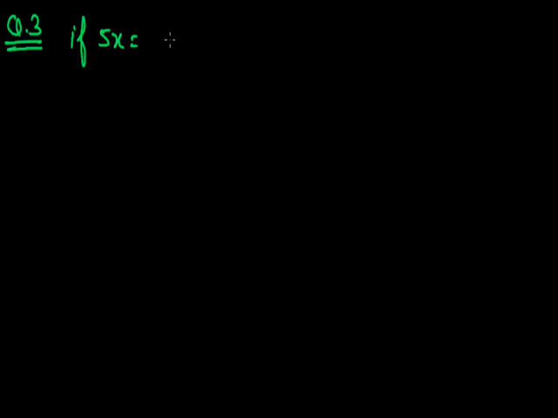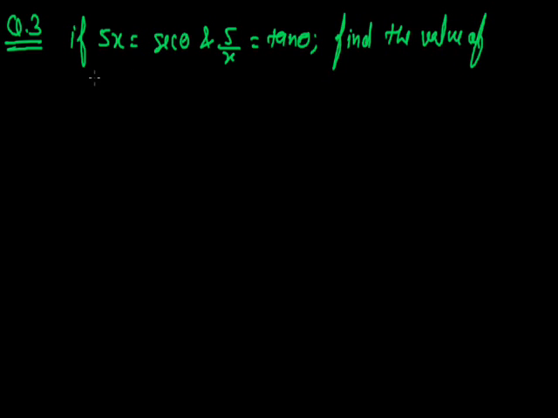Moving to our next question, question number 3, that is given to us as, if 5x is equal to sec theta and 5 by x is equal to tan theta, then find the value of 5 into x square minus 1 upon x square.